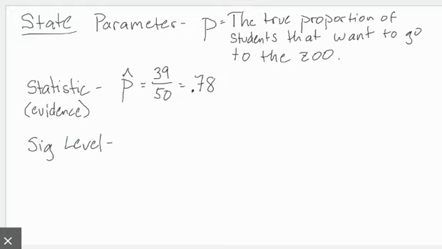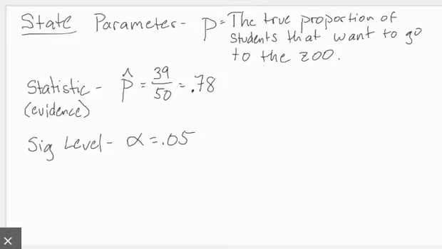And the symbol is alpha. Alpha kind of looks like a fish. Okay, alpha, and in this case, is equal to 0.05. Okay, our level of significance is 0.05.